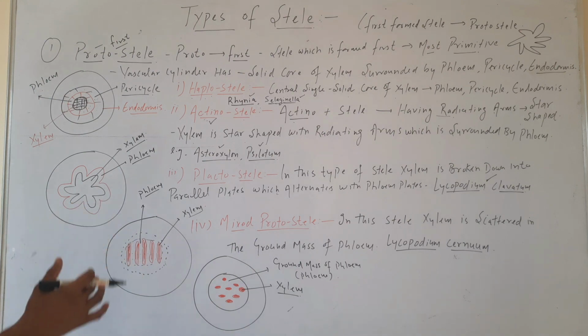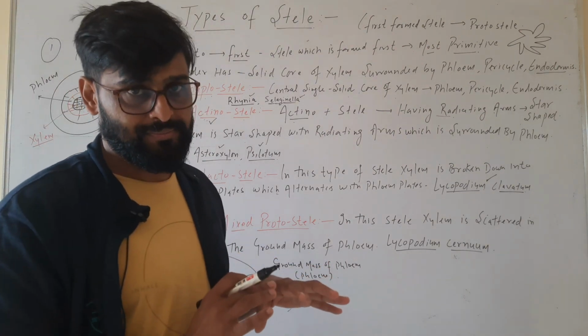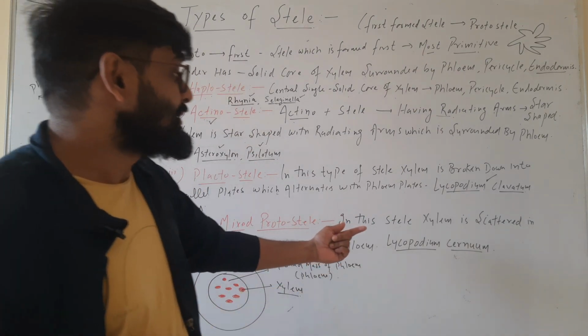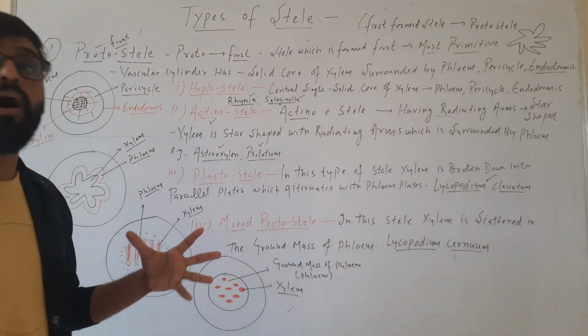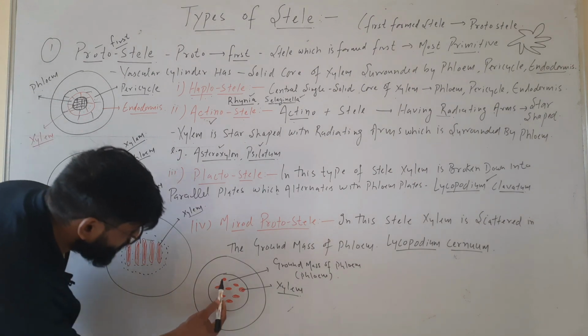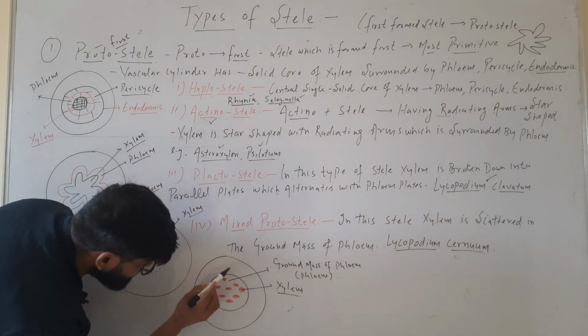Now coming to the last type of protostele, mixed protostele. In this type of stele, xylem is scattered in a ground mass of phloem. This is a diagram of mixed protostele. Here the whole part is phloem, and in this phloem xylem is scattered.